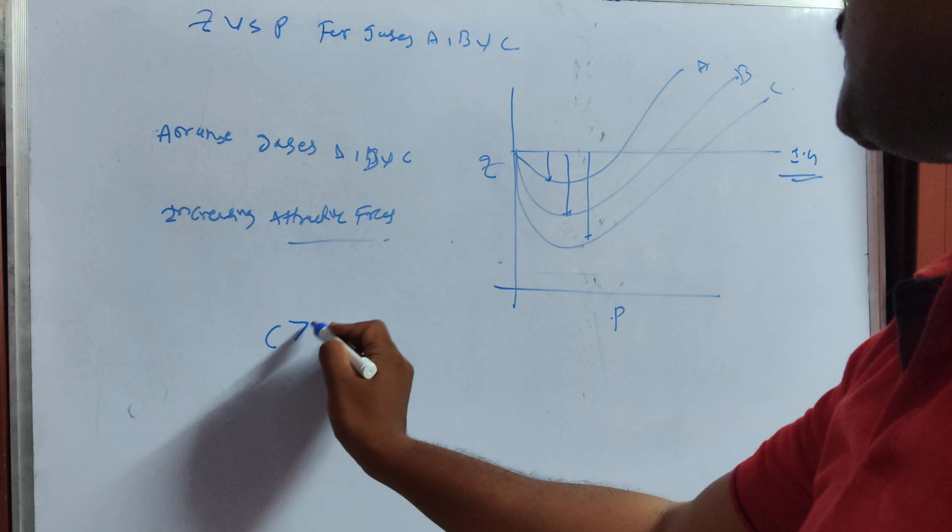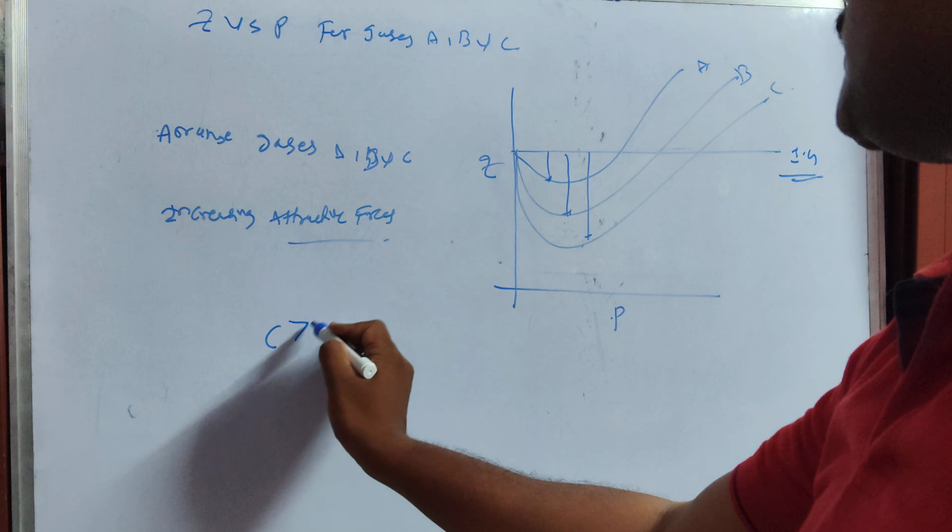Next, versus temperature. Take one more example: Z versus pressure, but using different temperatures. We take Z and pressure P and draw the graphs.